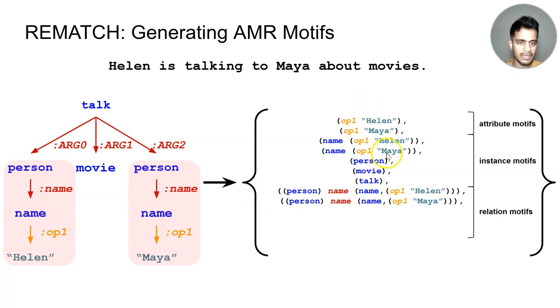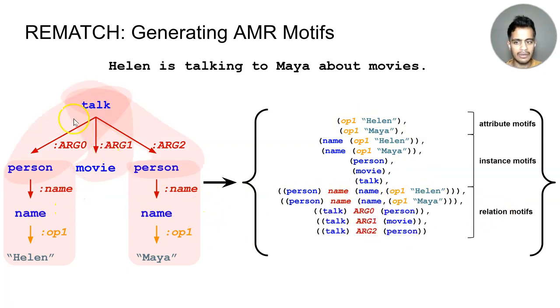So this is simply from the previous steps. So now we have relation motifs for these two relations, and then similarly for the other three relations that do not have instance motifs with attributes, it is simply the instance label, the relation label, and the instance label.